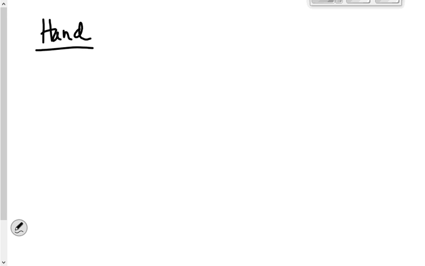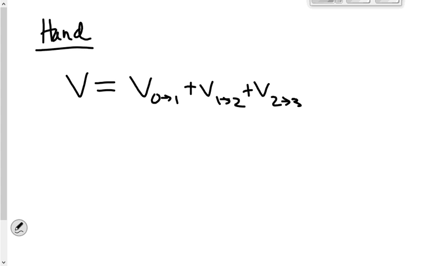So when we do that, the volume is going to be the volume of that interval from 0 to 1, plus the volume from 1 to 2, plus the volume from 2 to 3, plus the volume from 3 to 4, plus the volume from 4 to 5.